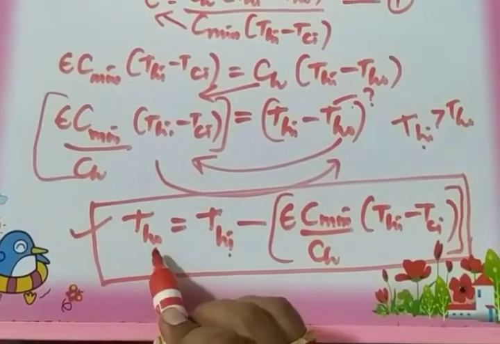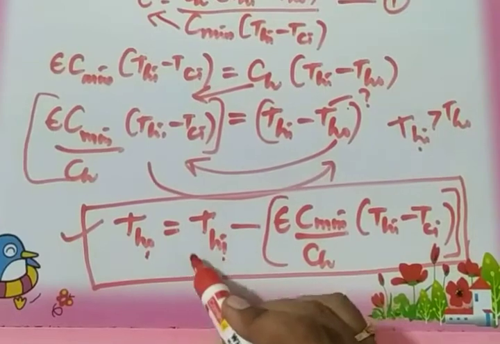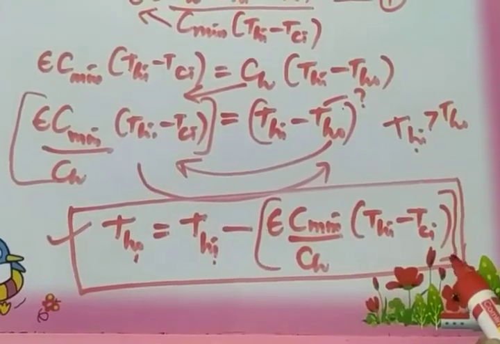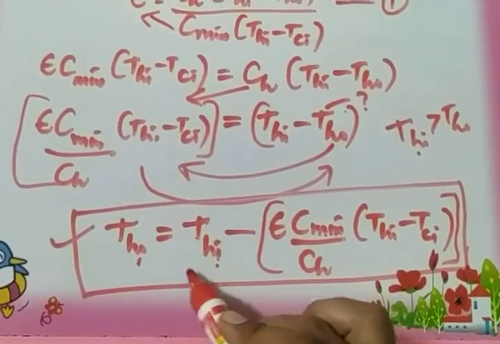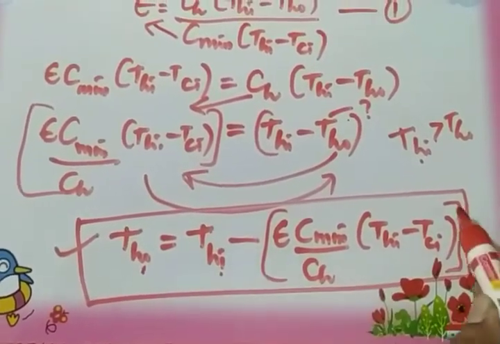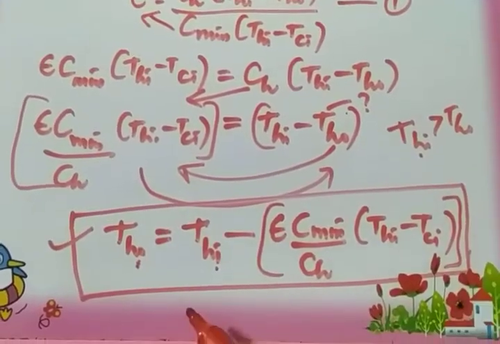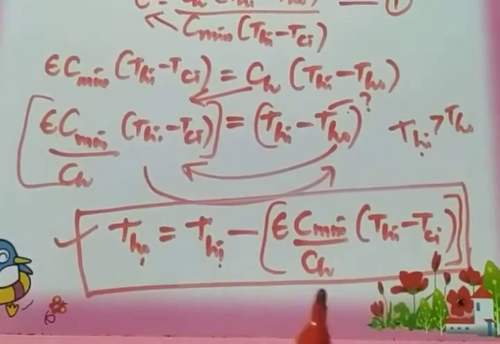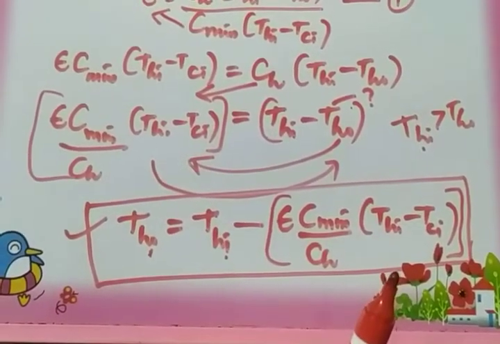So therefore THO is always lesser than THI by this bracket. I hope it is clear. So this is a standard expression we need to remember.